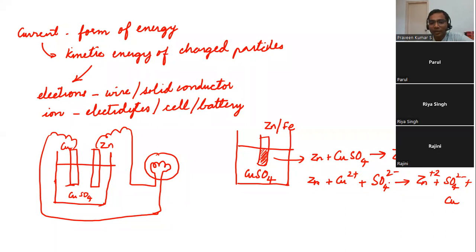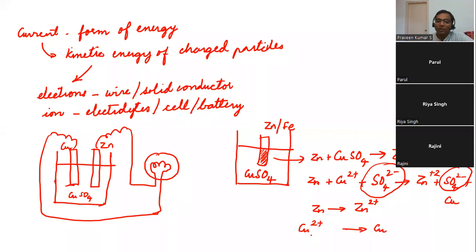Can you see that the sulfate ion is there on both sides? It is not changing, no? So what is happening to zinc? Zinc is becoming Zn2+, correct? And copper, which was an ion, Cu2+, is becoming copper.